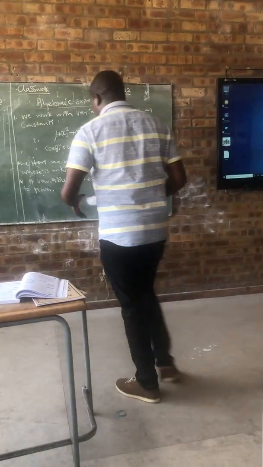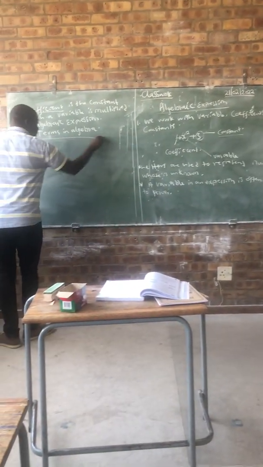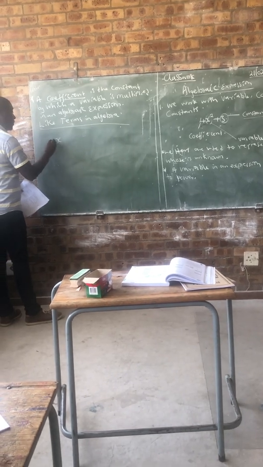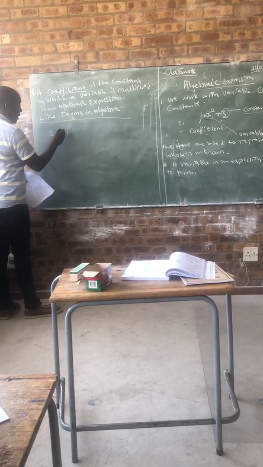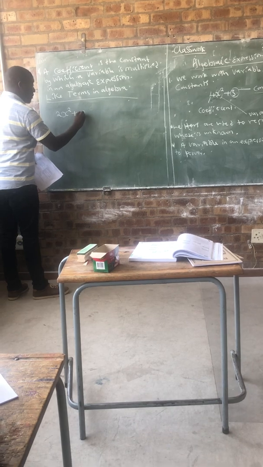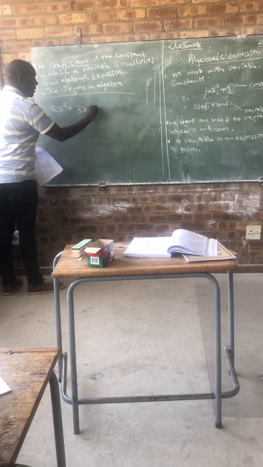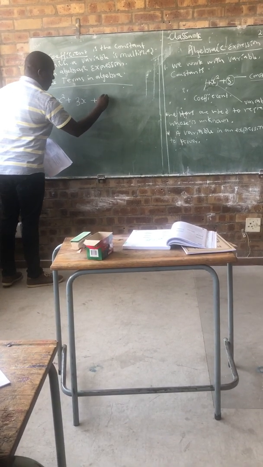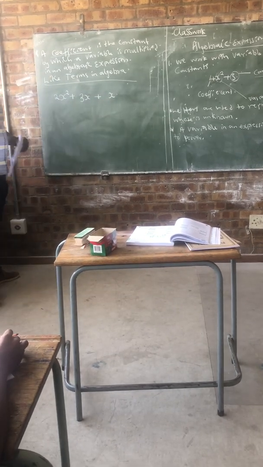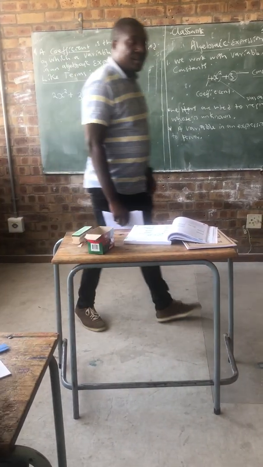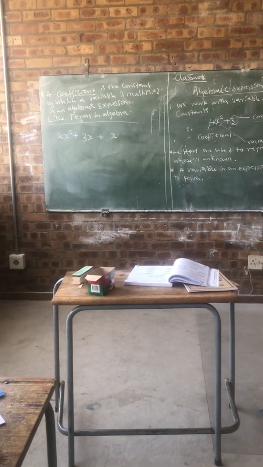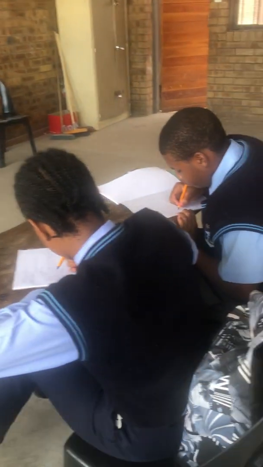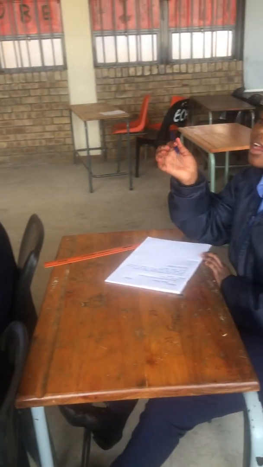For example, let me give you this context: you have 2x squared plus 3x plus x. Which ones here are like terms? x and 3x. And how do you see that they are like terms? How do you identify that these ones are like terms?